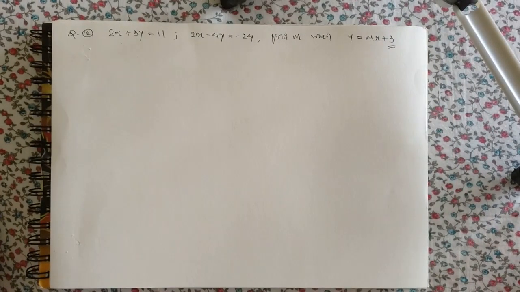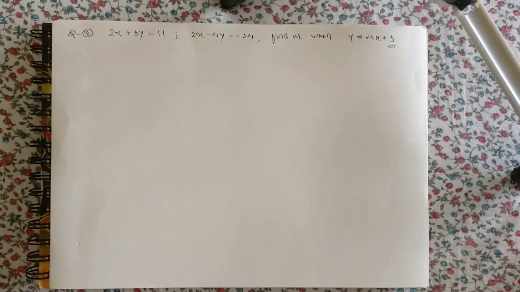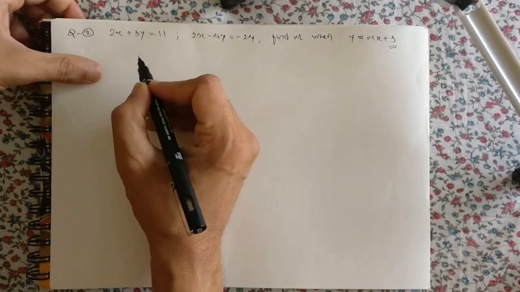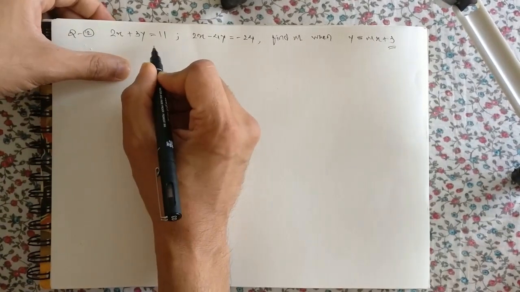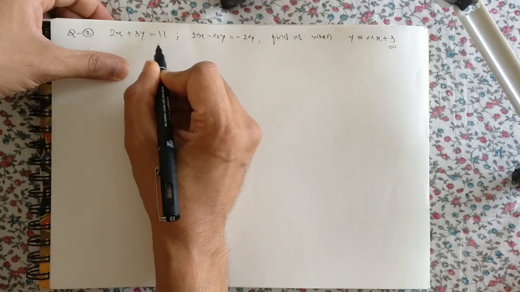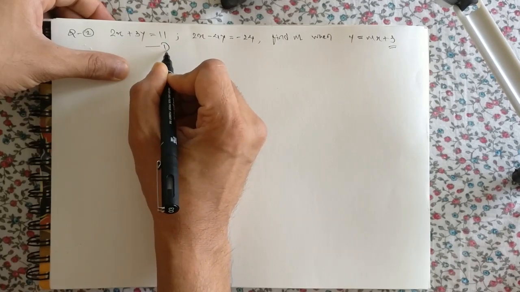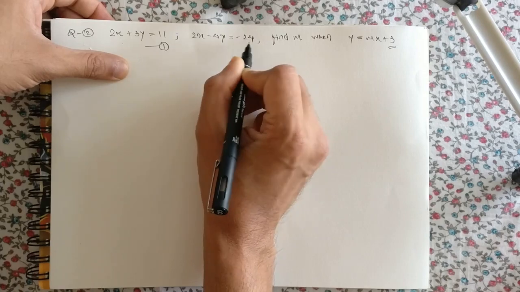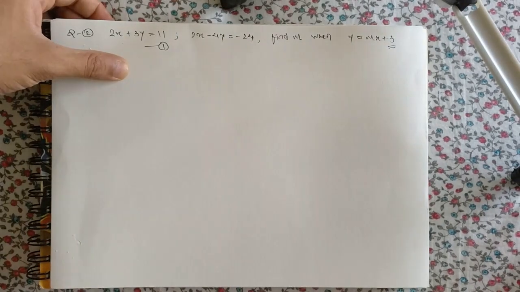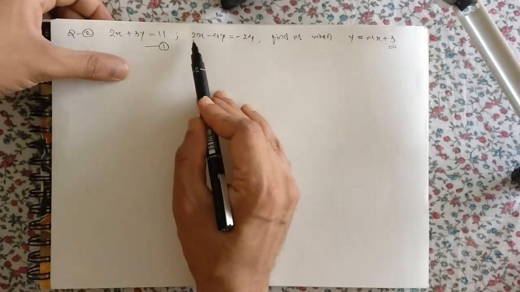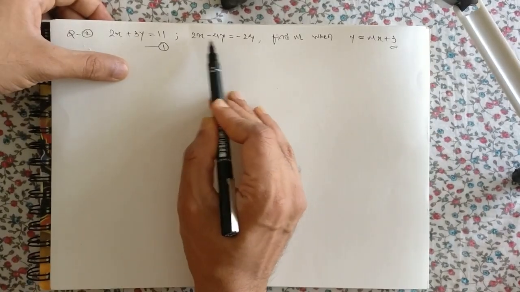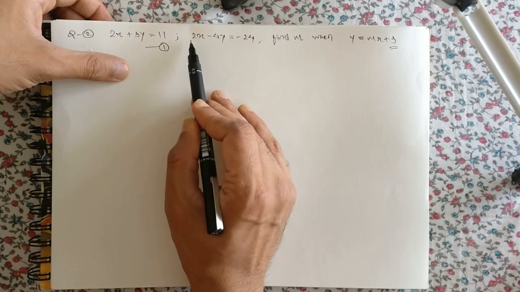So how are we going to solve these two equations? Of course, by the method of substitution. That's our method for today, right? Okay, so this will be equation number 1, 2x plus 3y is equal to 11. And before I give equation number 2, I would like to draw your attention to one detail. If you see 2 and 4, what is common between 2 and 4? What is the common factor? 2.